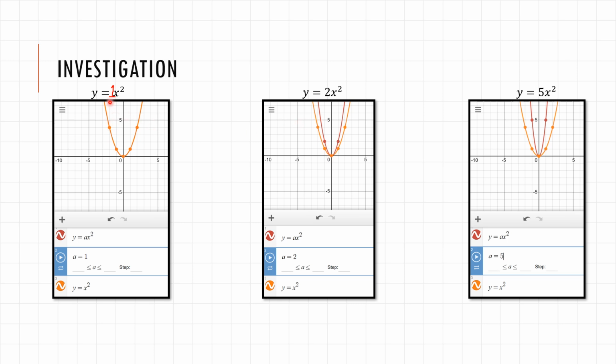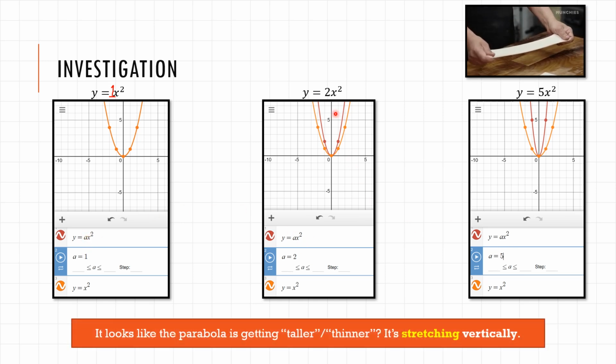How can we describe what happens to the orange quadratic, the quadratic y equals ax squared, as a increases from 1 to 5? We would say that the parabola looks like it's getting sort of taller or thinner. What's actually happening is it is stretching vertically. It's like somebody's grabbing it from the top and the bottom and pulling it up and down.